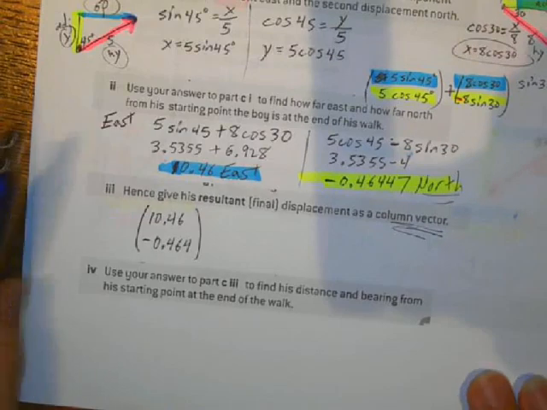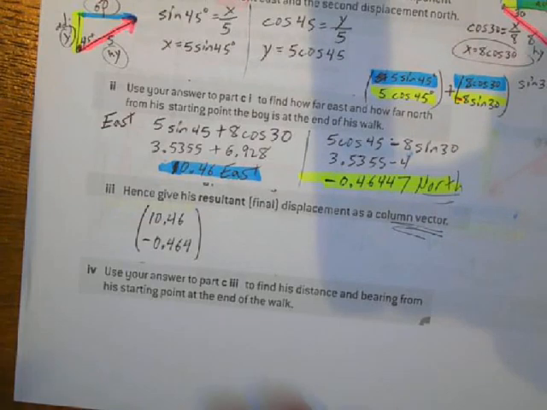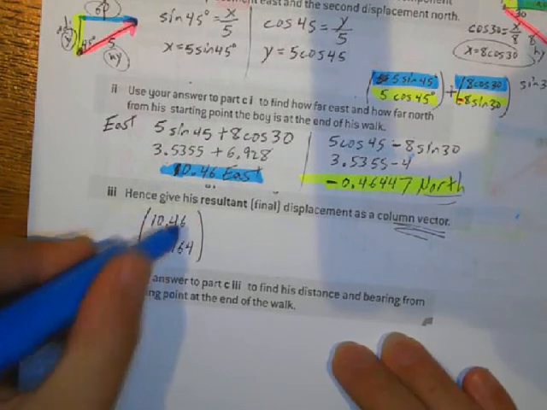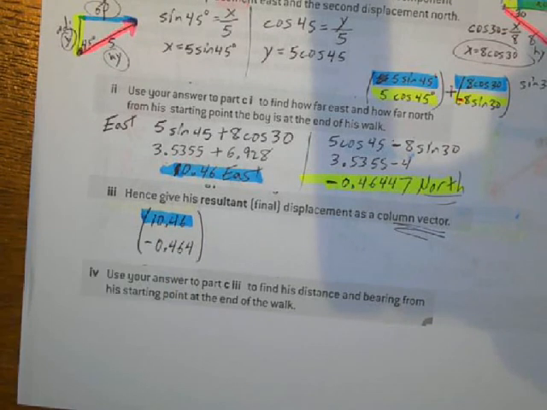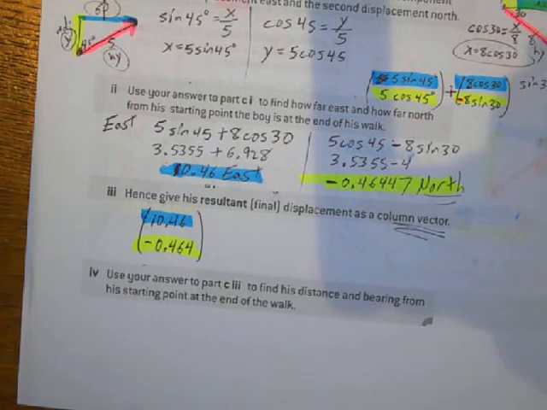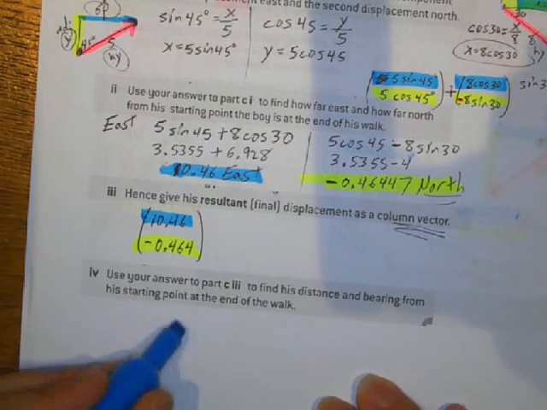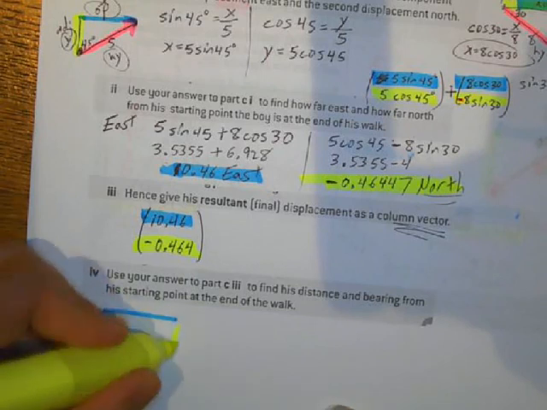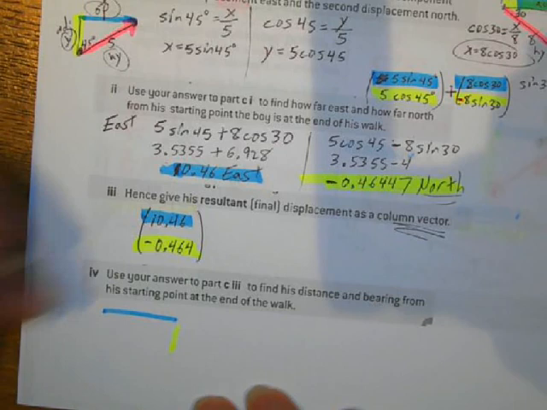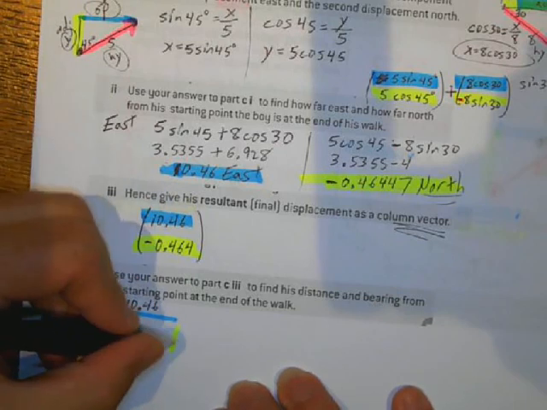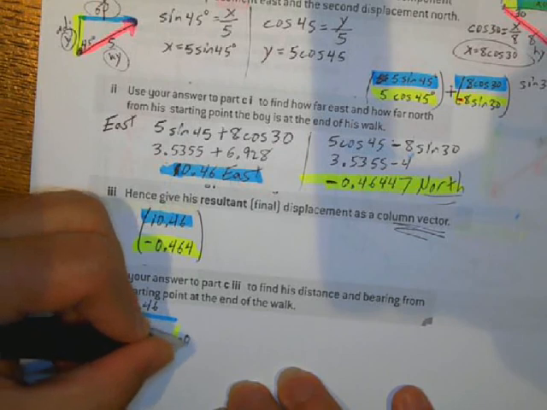So in my x direction, and that is my y direction. So in the x direction, I've gone 10.46. In the y direction, I've gone negative 0.464.